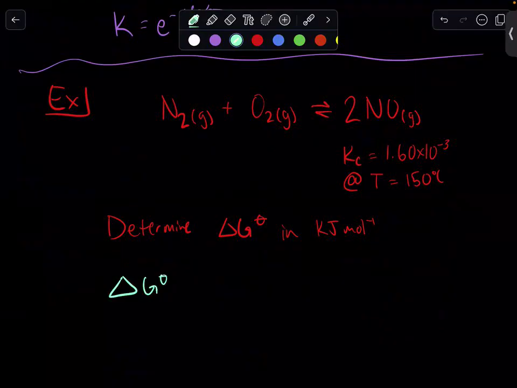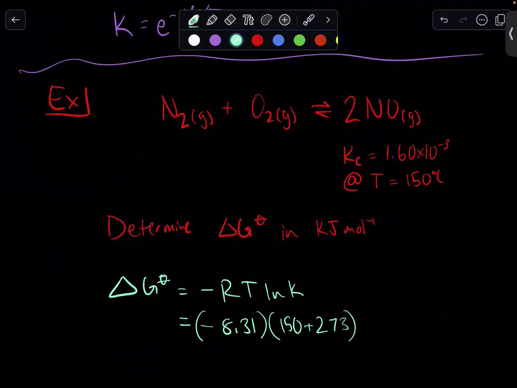Delta G is equal to negative RT ln K, and then we'll plug our values in. Negative 8.31 times 150 plus 273 for the Kelvin conversion times ln, and K is 1.60 times 10 to the minus third.